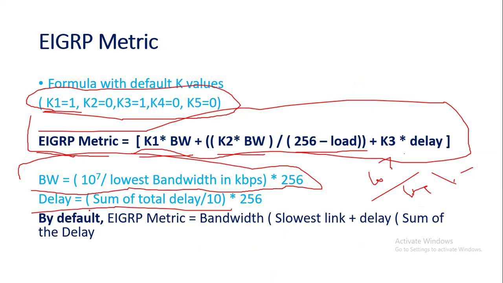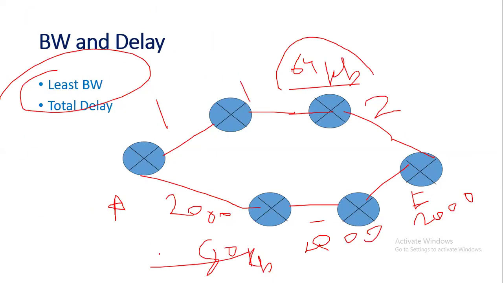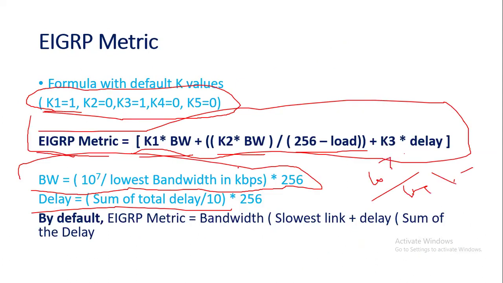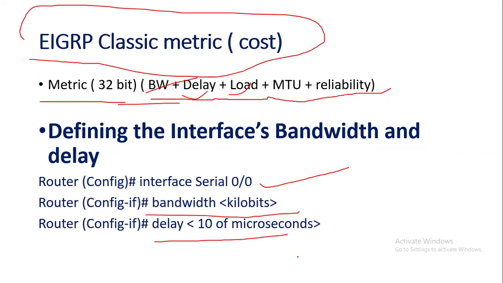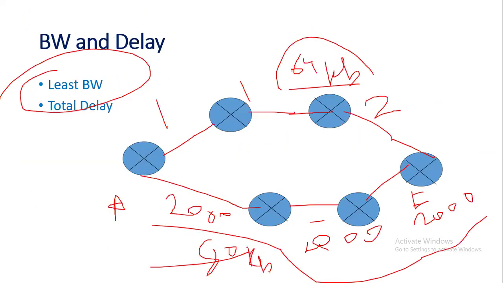Similarly, the sum of the total delay: the delay is 2000, 2000, 2000, which is 6000. So 6000 divided by 10, times 256. That calculation happens in the EIGRP metric. By default, EIGRP takes the lowest bandwidth, which is 64 kbps, and the sum of the delay.